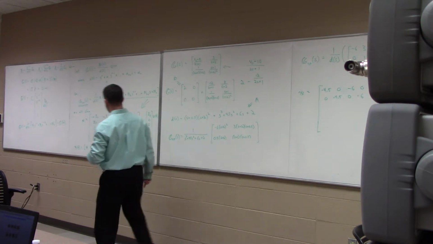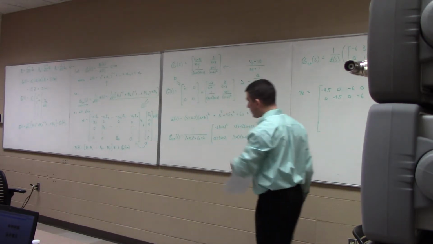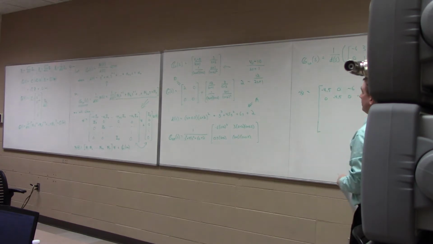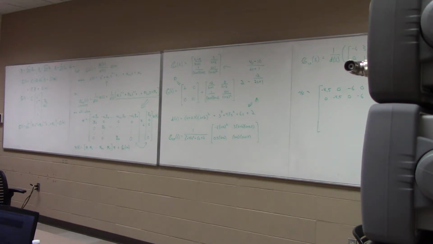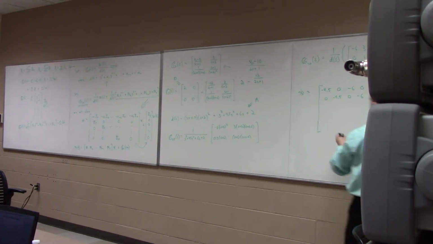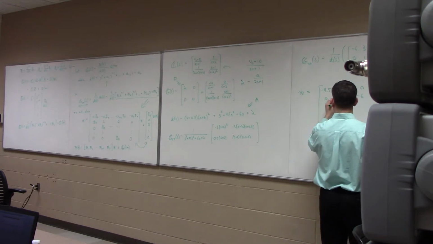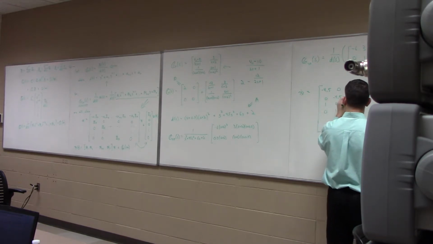And then P, that's the number of inputs. P inputs, Q outputs. And then we get the identity matrix here.